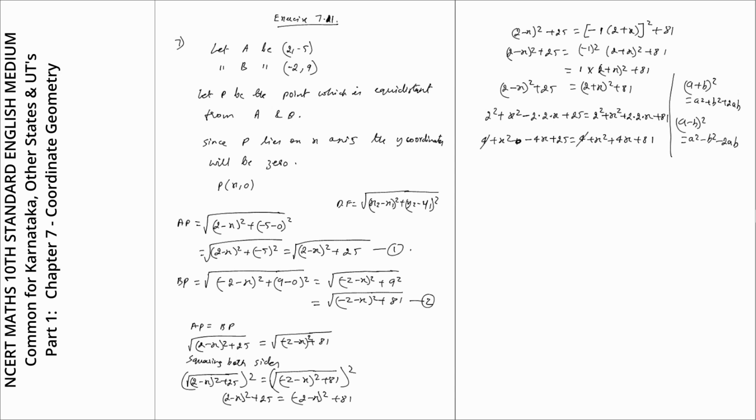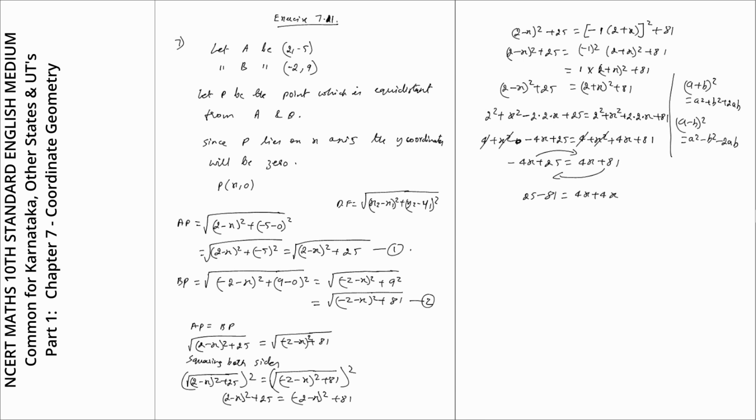So 4 I can cancel, and the x square also I can cancel. So I am left with minus 4x plus 25 is equal to plus 4x plus 81. I'll bring 4x to the right hand side and bring this 81 to the left hand side. So I'm left with 25 minus 81 is equal to 4x plus 4x.